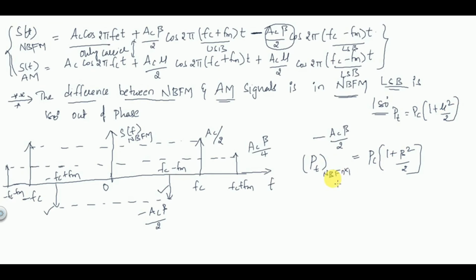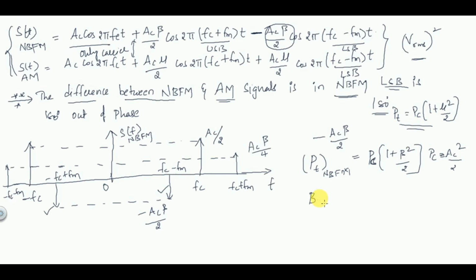Similarly for NBFM, PT is PC into 1 plus beta square by 2, because for power we take VRMS whole square. Even if the amplitude is negative, squaring makes it positive, so you get the same value, with PC equal to AC square by 2.